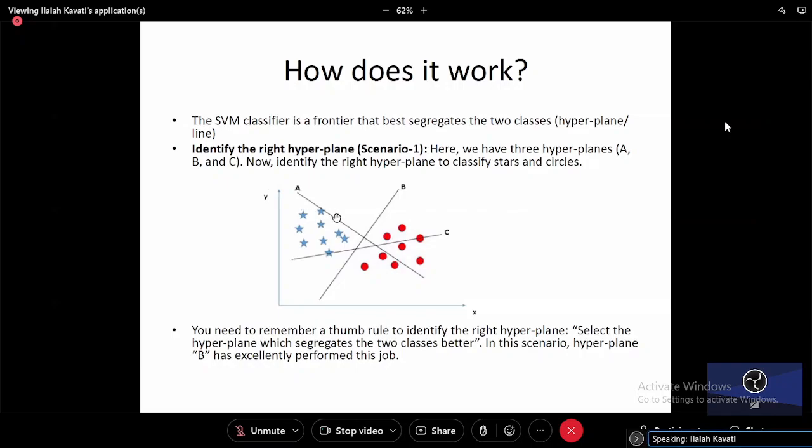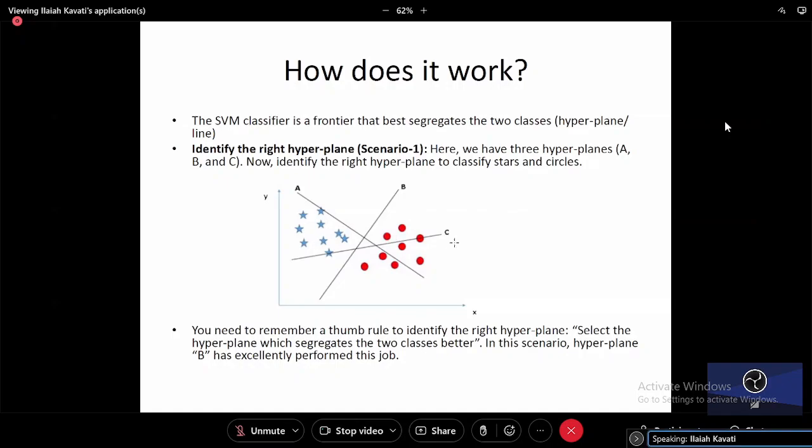Here A, B, C are three hyperplanes, but which one is correct? If you select A, it is segregating the second class, the circles, into two different classes, but that is not correct. Misclassification is there. Five circles are on one side of A, and three circles are segregated into the stars class.